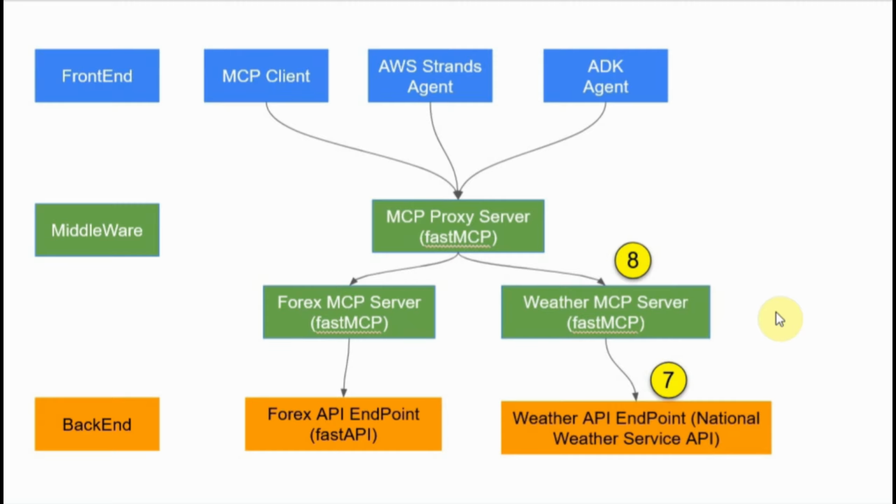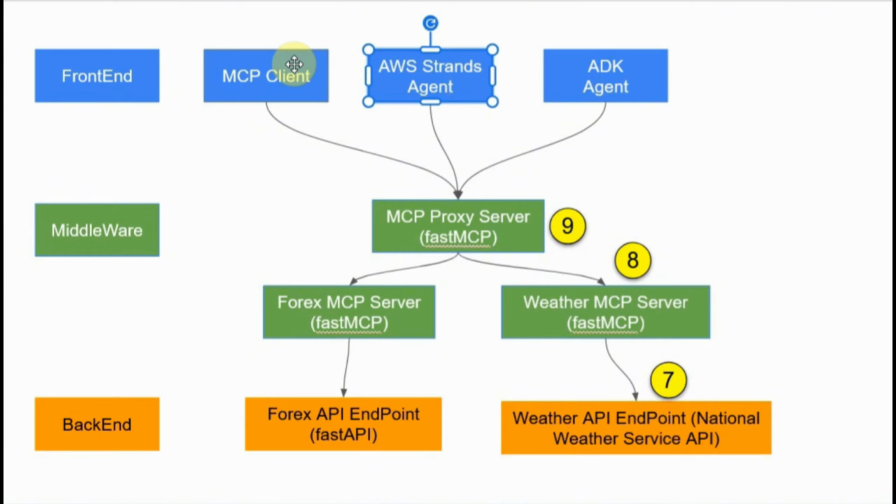Then I will create a Weather MCP server, which is calling the Weather API endpoint by the National Weather Service. And finally, I will connect the Weather MCP server to the MCP Proxy Server. So the MCP Proxy Server will at this point be connected to the Forex MCP server and the Weather MCP server.